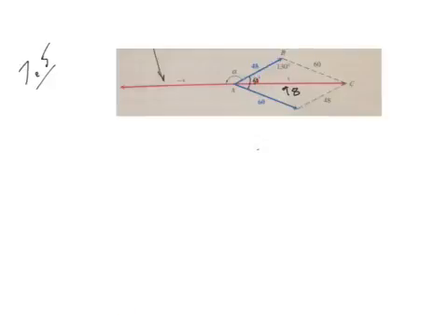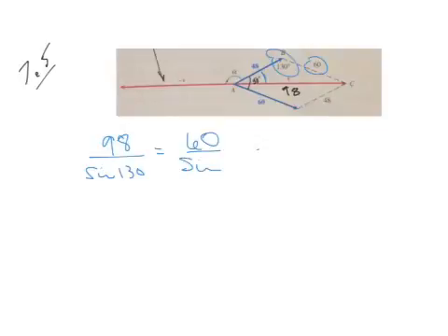If you remember from 7.1, the law of sines, we're going to take 98 over its opposite, sine of 130, and that's going to equal 60 over this angle right here that we're looking for.